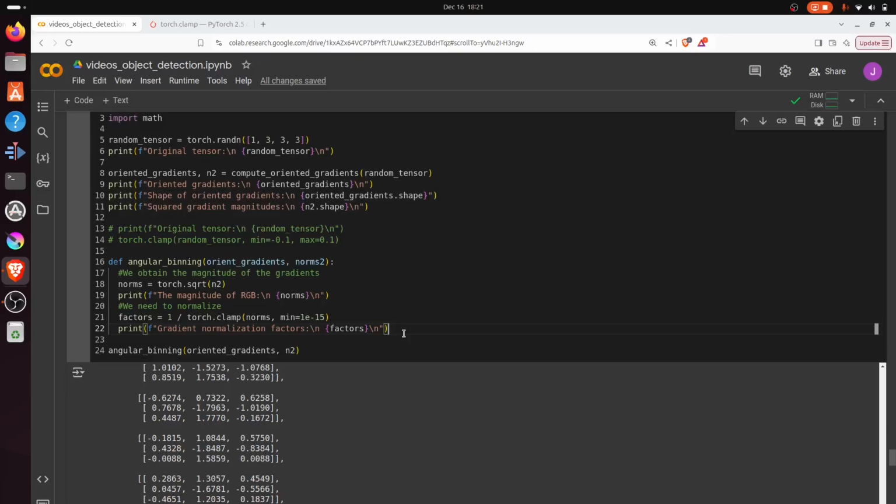The more proper, more theoretically meaningful way is to just apply the arc cosine. So we can just use arc cosine to extract the angle that is associated to our gradient.